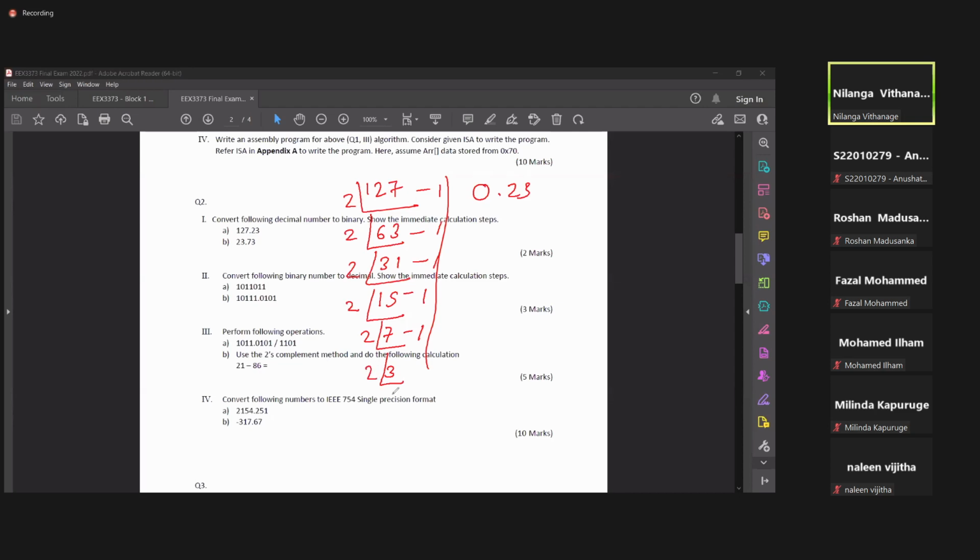So again you divide by 2, you get 1, and a remainder. Right, so then you have to write from bottom to top: 1, 2, 3, 4, 5, 6, 7. So this is the whole number part.